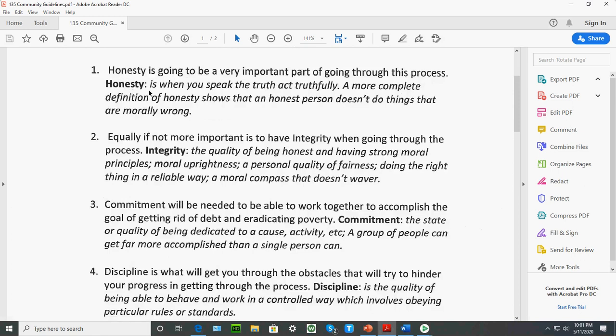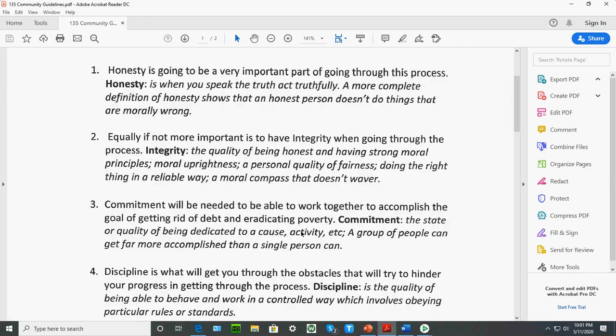Honest, because we've already shown that we need to be honest about what we're doing here. We need integrity, honesty and integrity, because can you realize getting $3,000 in your hand, cash money? Do you have the honesty and integrity to give the person that invited you $1,000 of that?